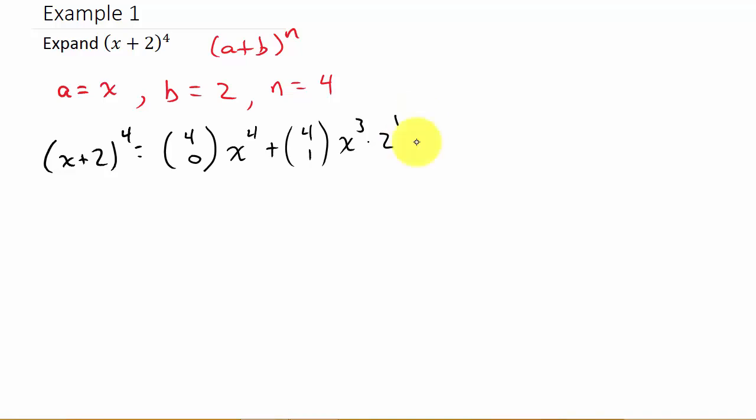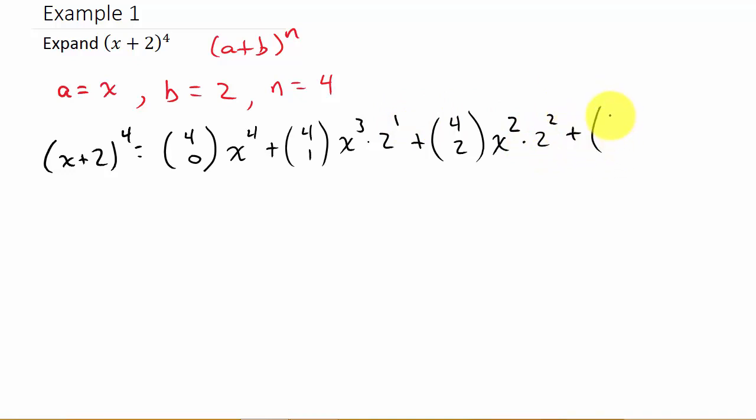Plus combination 4 choose 2. Remember these numbers here, that's your r. That goes 0, 1, 2, and then the next one will have a 3 and then 4. And so that's going to be x to the, well, this was x cubed, so this will be x squared, times 2 squared.